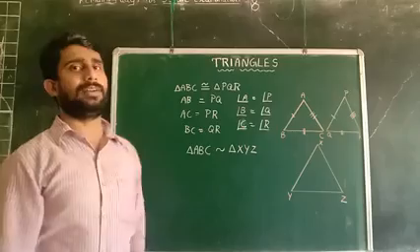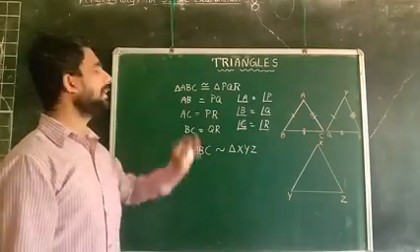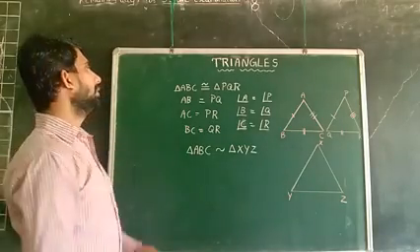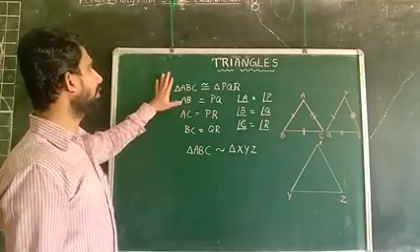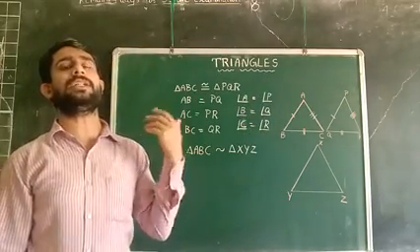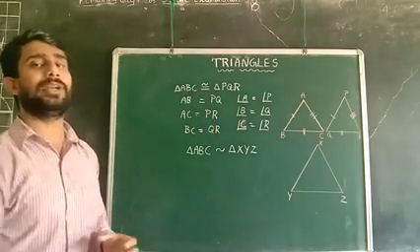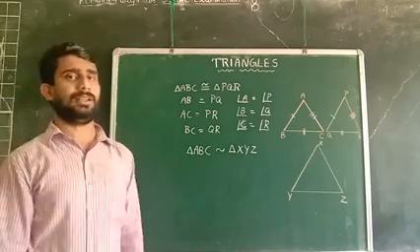Sides are not equal, but angles are equal. Now, this is the condition for triangles to be congruent: if the two triangles are congruent, then all the corresponding sides and all the corresponding angles are equal.